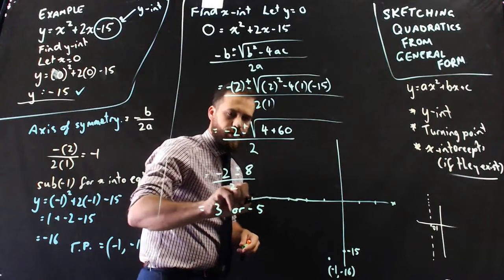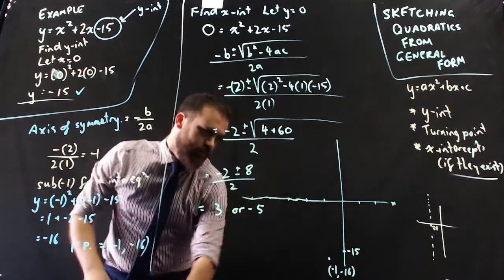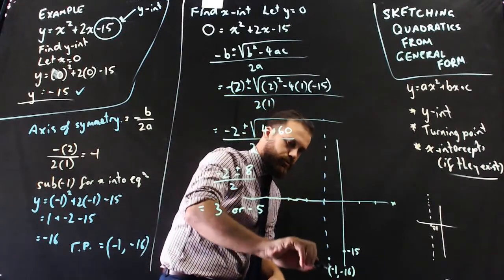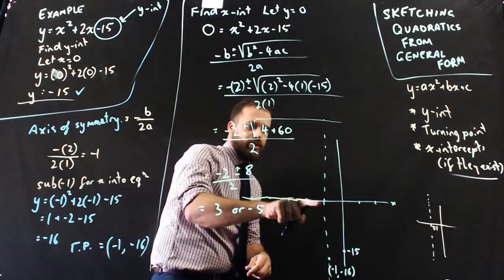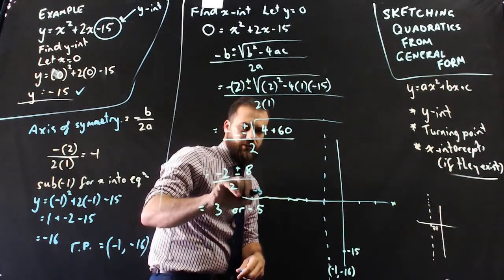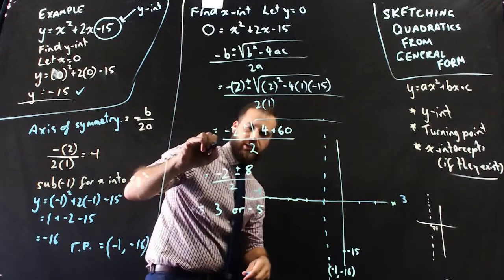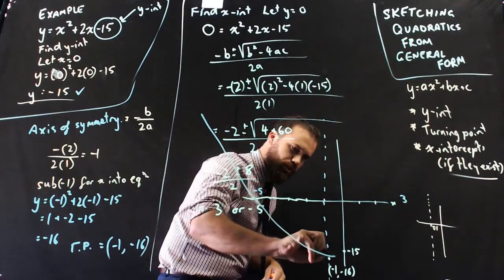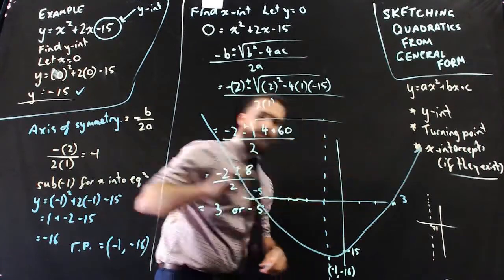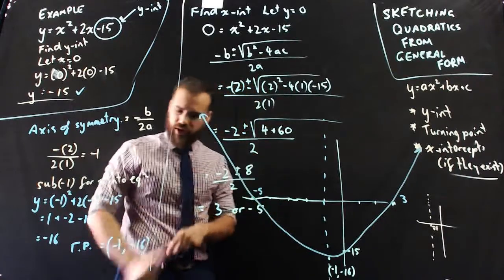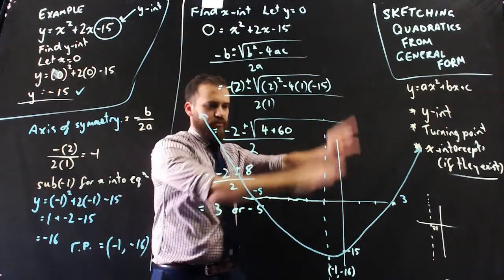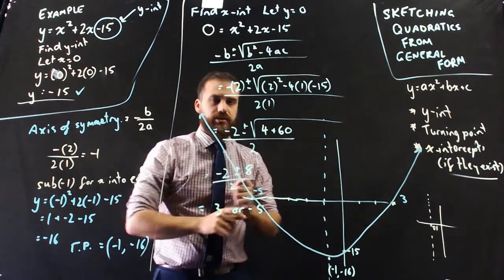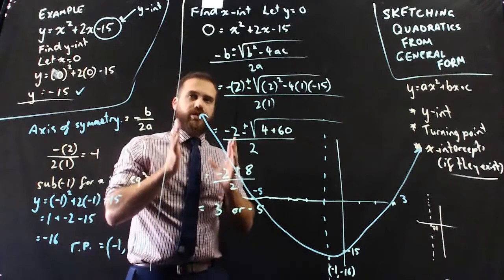This is getting to be a bit of a disaster. So here's my axis of symmetry. It's going to pass through negative 5 and through positive 3. It's going to be a quadratic that starts up here, comes down to the turning point, passes through here, back up. Alright, not my finest work, but there's a sketch of our quadratic, y-intercept, turning point, and the two roots. Sketching quadratics from the general form.